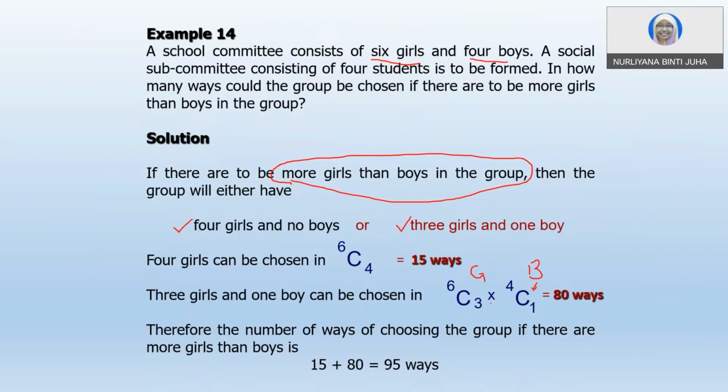Okay, and don't forget to multiply in between. So 80 ways. So you just need to total up these two, 15 ways plus 80 ways. So you get 95 ways altogether. Okay, so that the girls are more than the boys in the group.